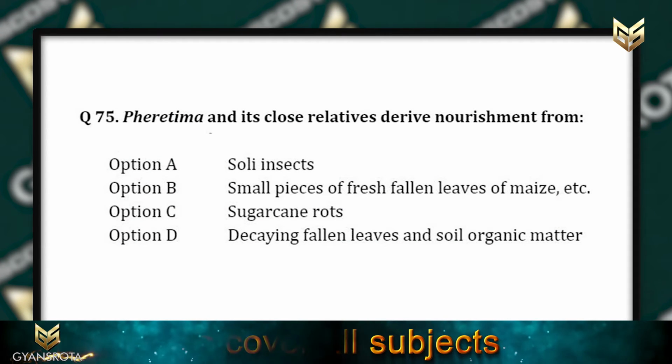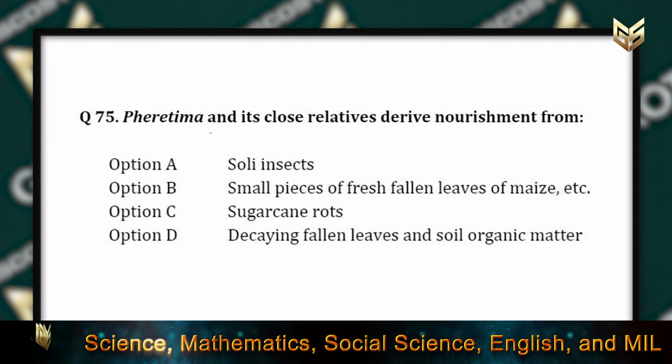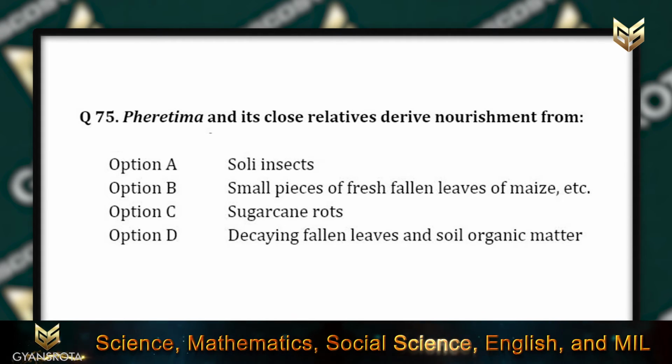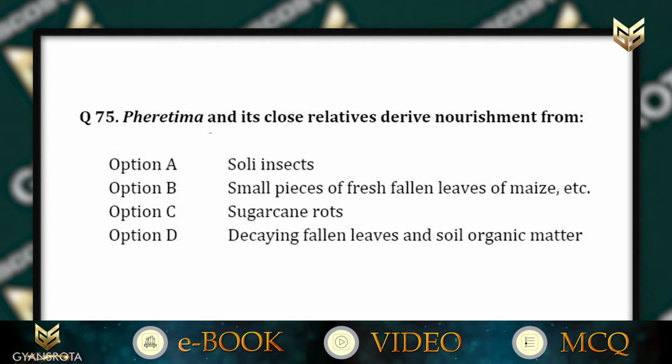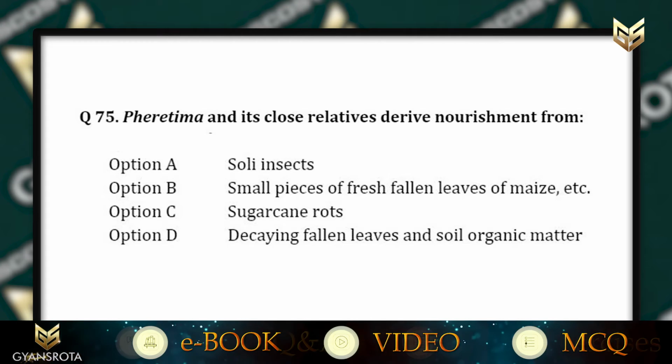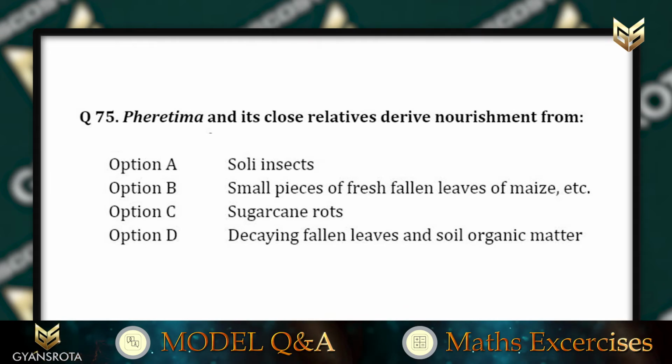Pheretima and its close relatives derive nourishment from option number A, soil insect, option number B, small pieces of fresh fallen leaves of maize, etc. Option number C, sugarcane rots, option number D, decaying falling leaves and soil organic matter.